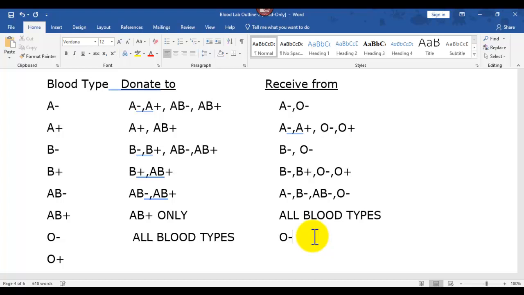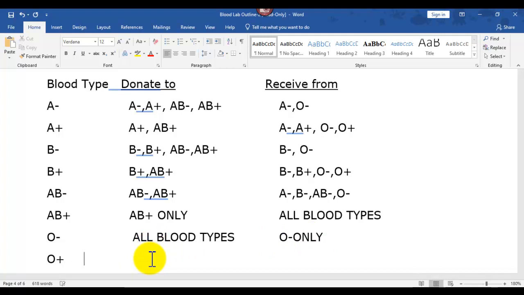O negative only. Right, 'cause they can't receive positive blood. And they're not universal recipients. Remember, they have both sets of antibodies, so they can only receive from O. Can't put any other blood type there.